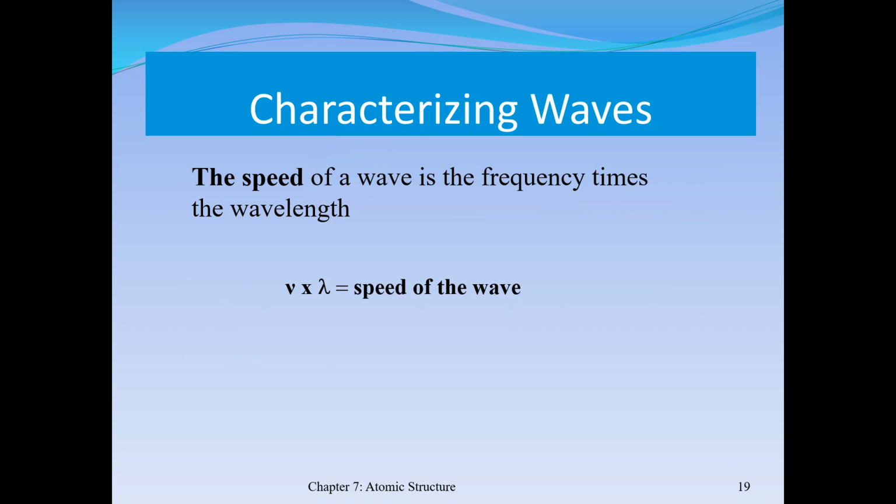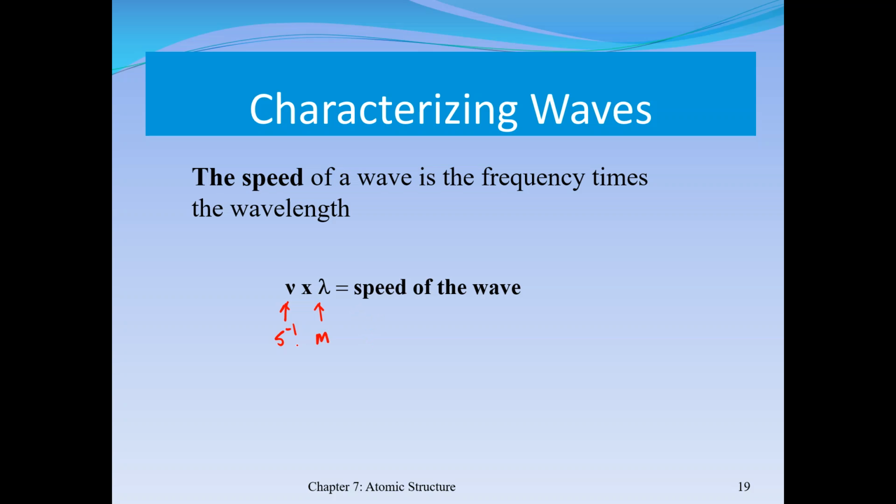And then we have what is known as the speed of the wave, which is basically the frequency times the wavelength. So if the wave is moving at a certain speed, then that speed is given as the product of the frequency and the wavelength. Now, the units of frequency would be seconds to the -1, which is the same thing as hertz, and the unit of wavelength is expressed in meters in most cases when calculating the speed of the wave.